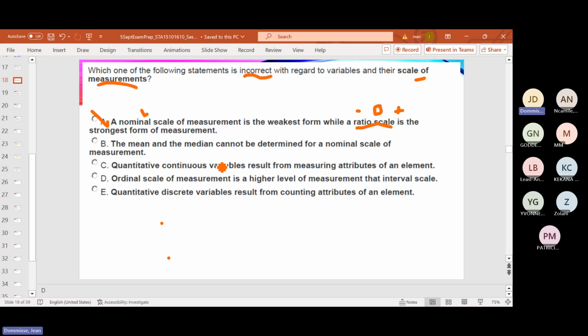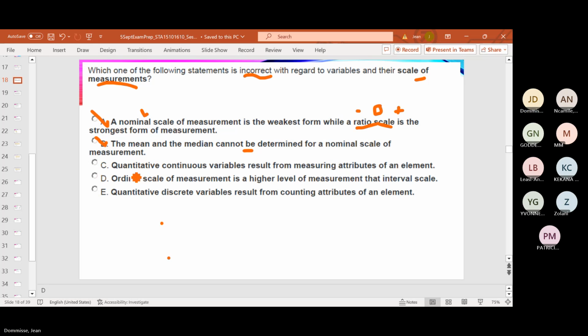So that is true. The mean and median can be measured for a ratio scale. If I had the temperatures for June, I can work out the mean and the median, but not the same for the nominal scale.